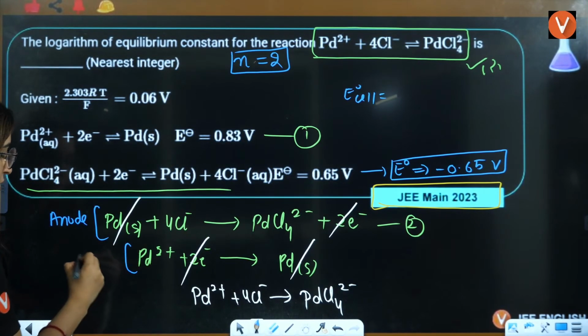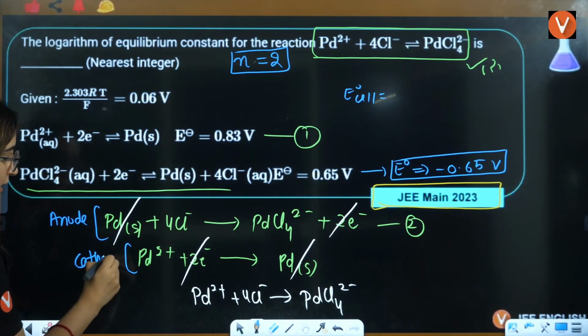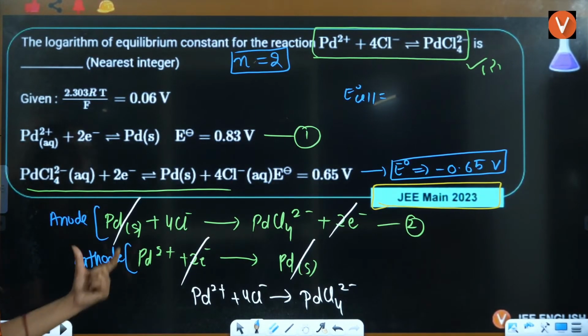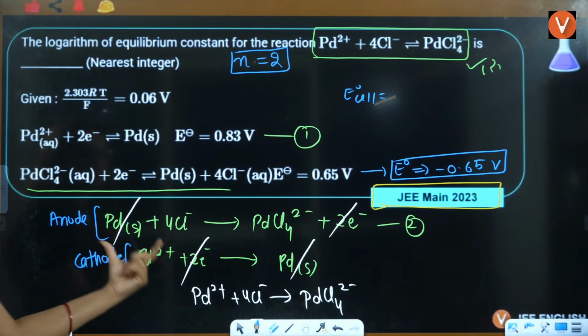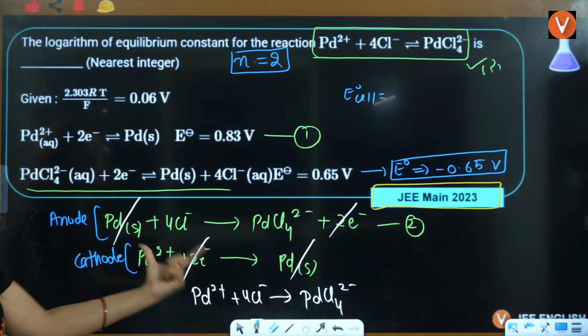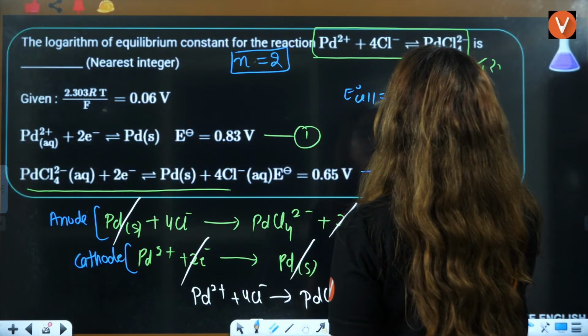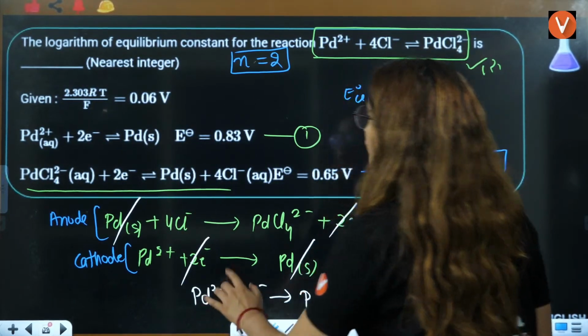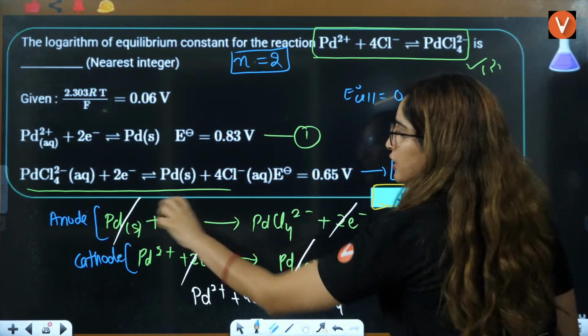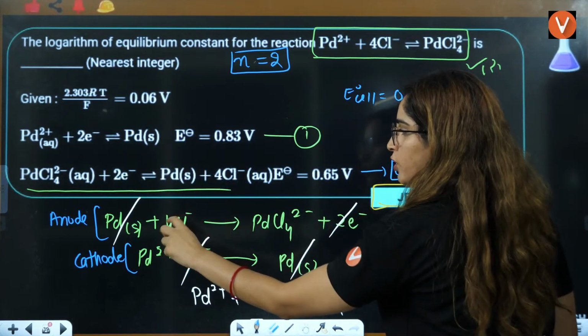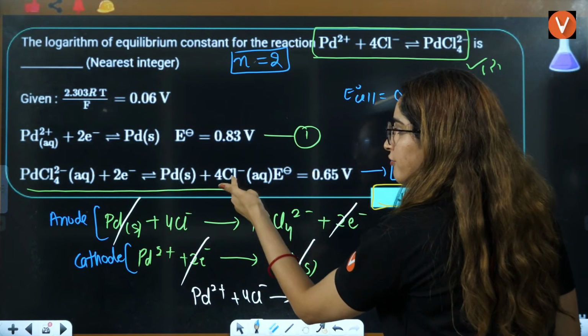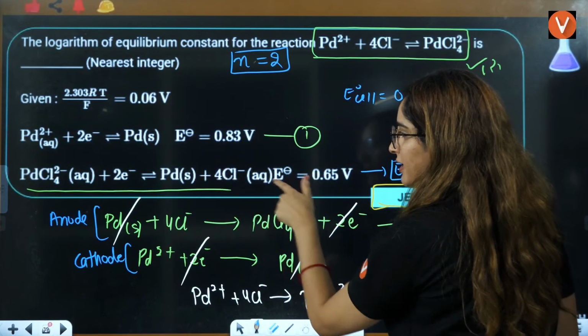This part is behaving as cathode, because it is gaining the electron. So the reduction potential of this cathode part is 0.83 minus the reduction potential of the anode part. This is your anode part, the PdCl4.